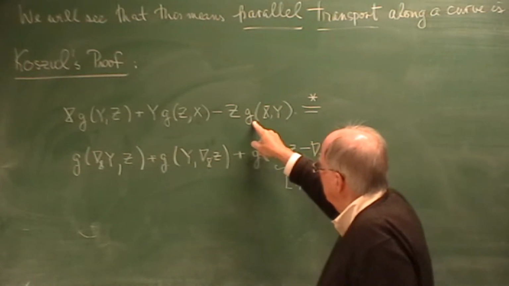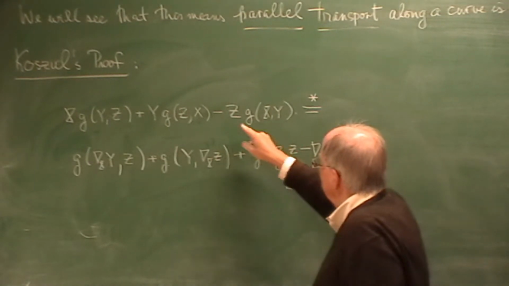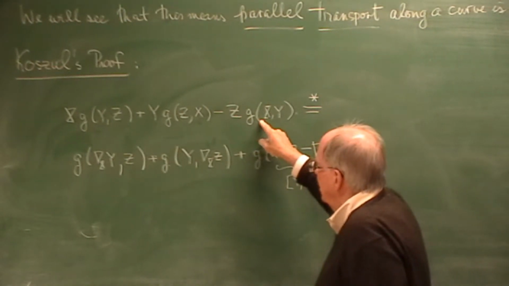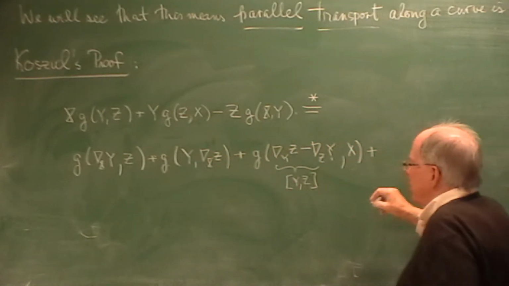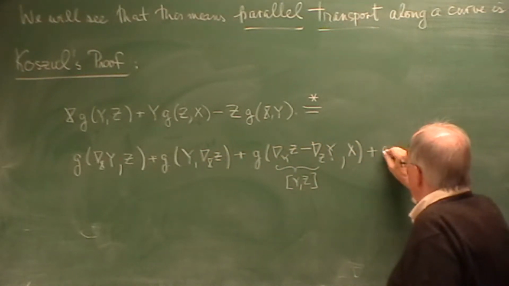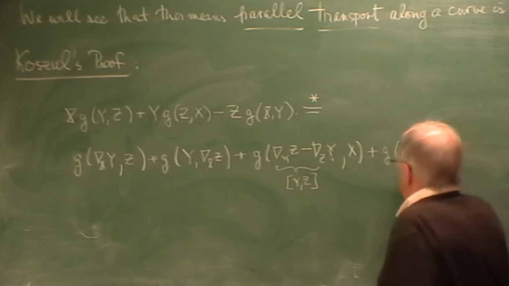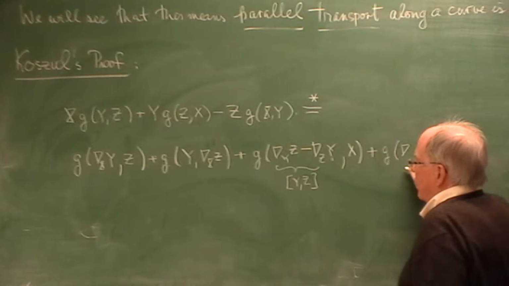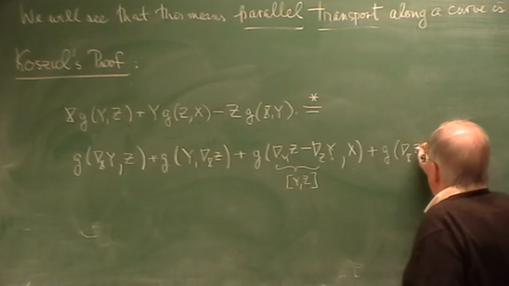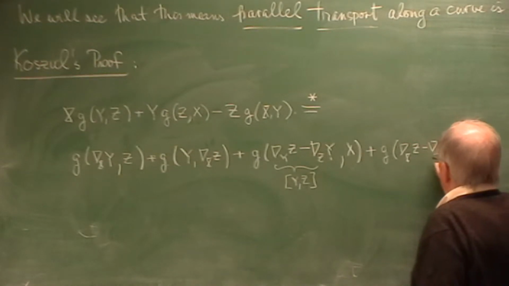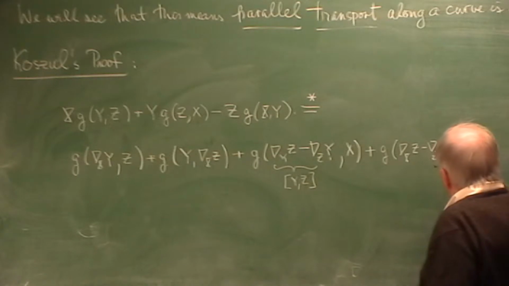What I've already used is nabla Z of Y, so I have used nabla Z of X. So this is G of nabla X of Z minus nabla Z of X.